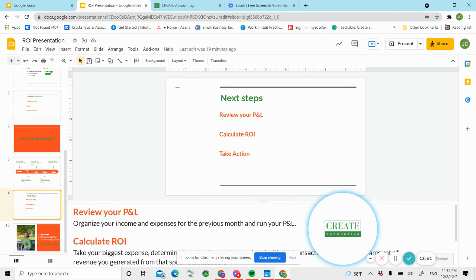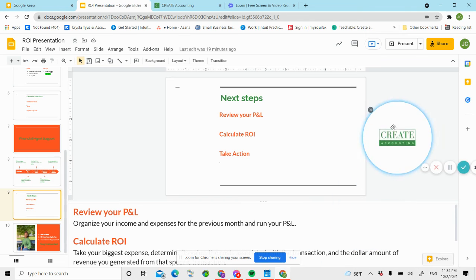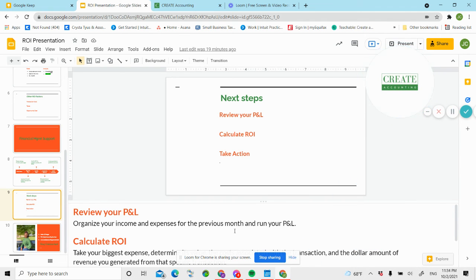So next step, here's some homework for you. I want you to organize your income and expenses for the previous month, and I want you to run your P&L. So I want you to determine how much you made for this past month, for the past 30 days, how much revenue you had coming in, and then I want you to deduct the expenses generated to incur that income, and determine your profit or your loss.